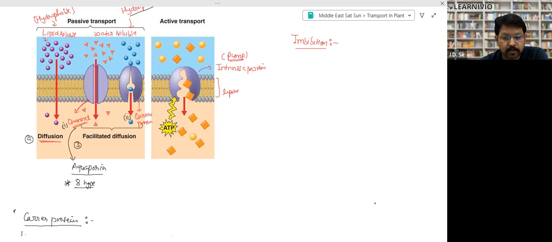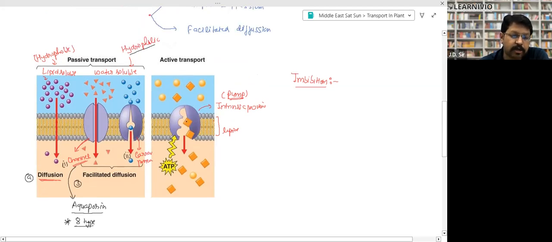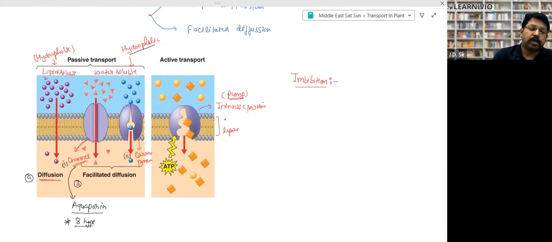Yes, sir. So now in active transport, there are some proteins. These intrinsic proteins are called pump, right? These proteins are called pump, and these pumps require ATP. So please note down.